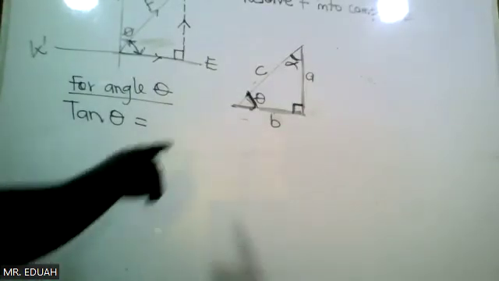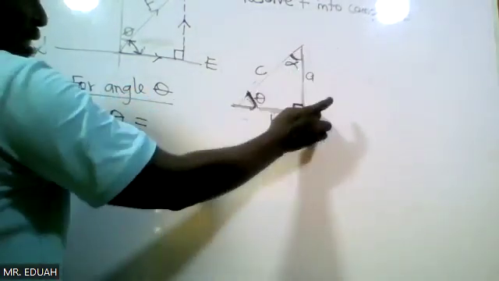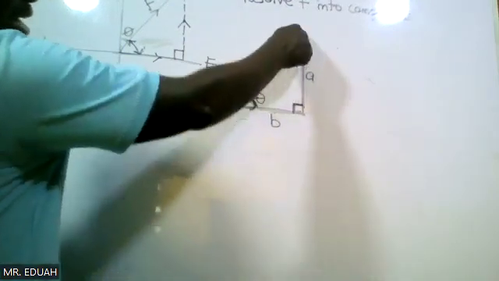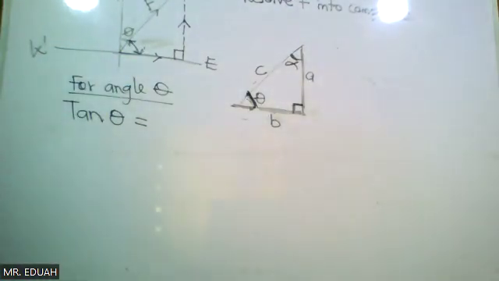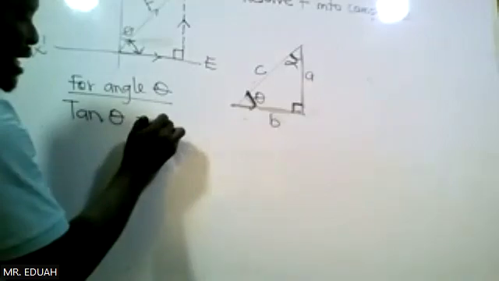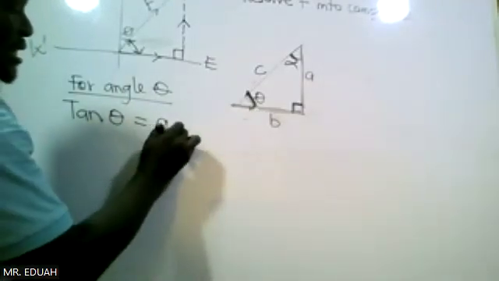We are talking about theta. So for theta, this side is the opposite. This side is the adjacent. And the longer side of the right angle triangle becomes the hypotenuse. So tan theta would be equal to opposite side, which is A, over adjacent, which is B.